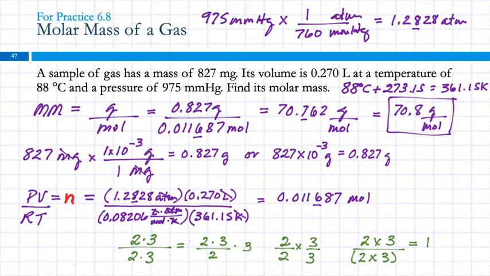Is that a reasonable molar mass? Is it a possible molar mass? Yeah. What's the smallest possible molar mass? 1.008, really, because that's the mass of a mole of hydrogen atoms. Can we have anything that's smaller than that?